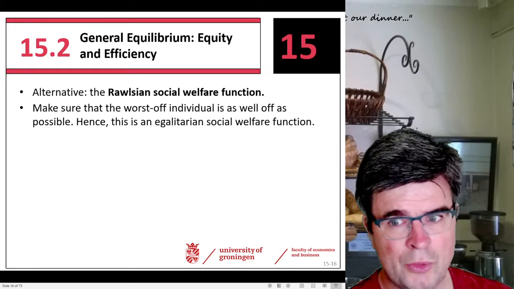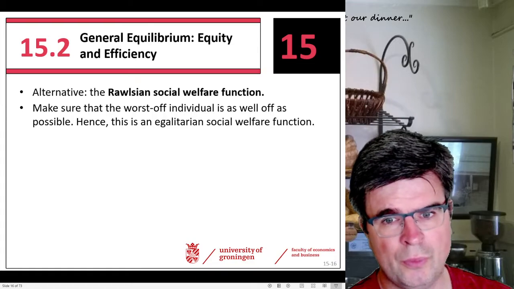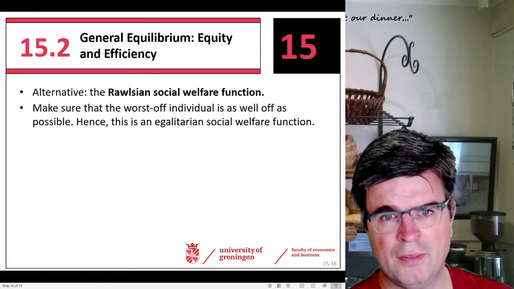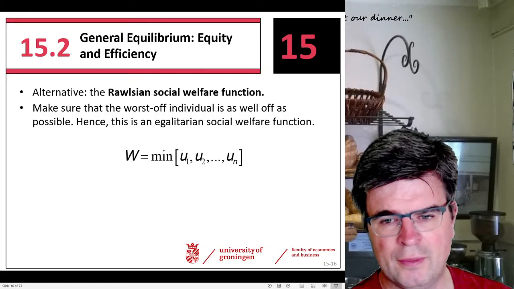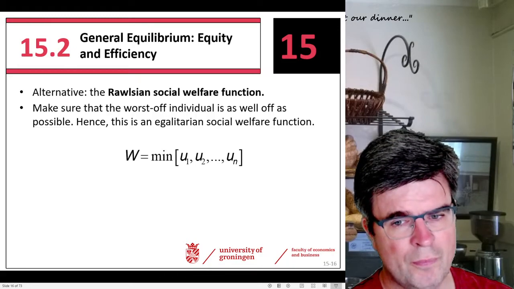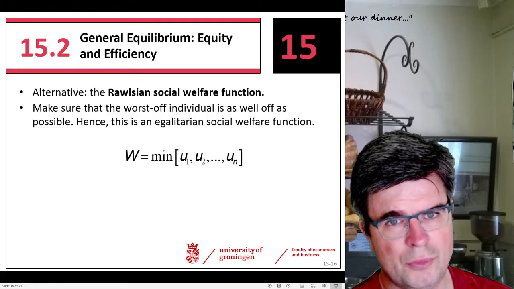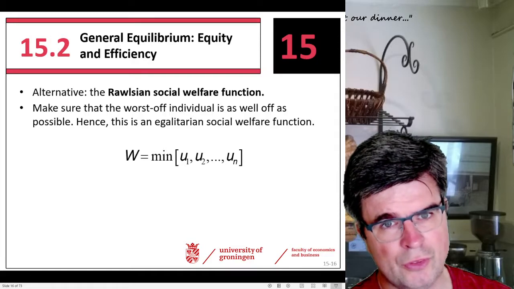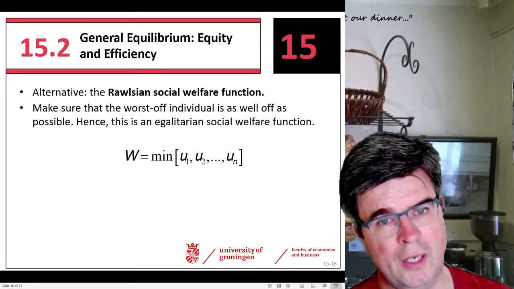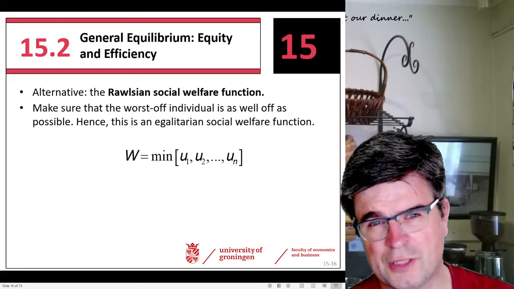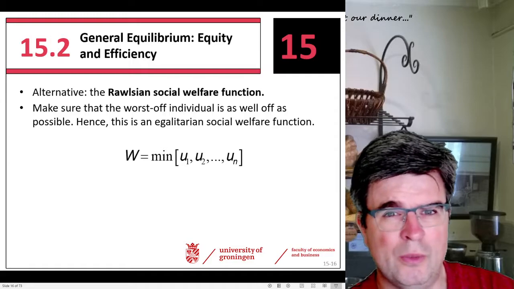The idea is that you want to make the worst off individual in society as well off as possible. It's a very egalitarian welfare function, and it has the form W is the minimum of the utilities of the different individuals in society. So this social welfare function doesn't increase if you increase the utility of any individual in society that doesn't happen to be the worst off individual.